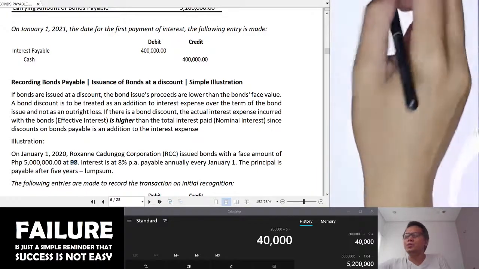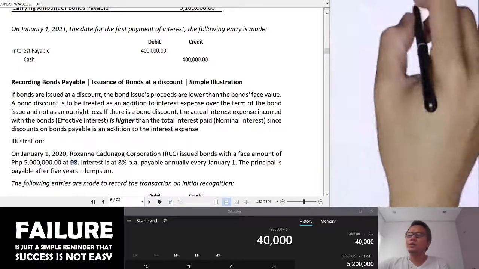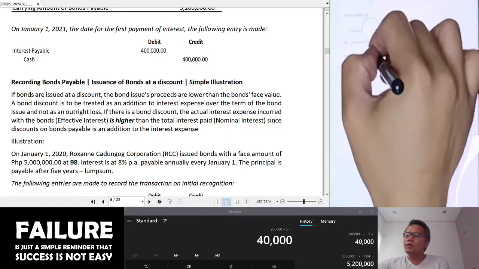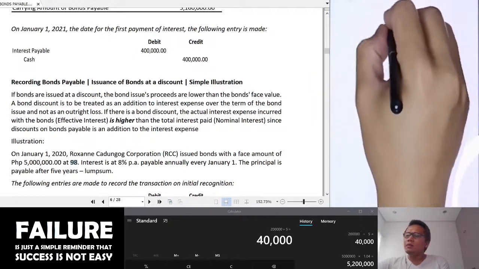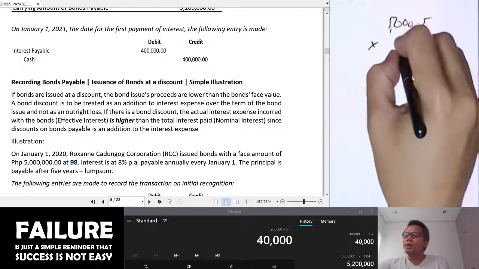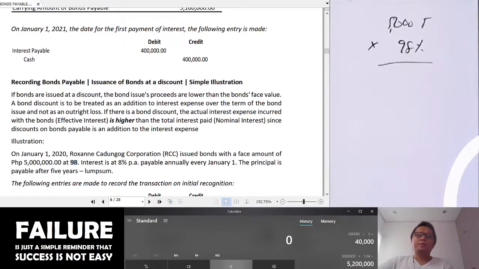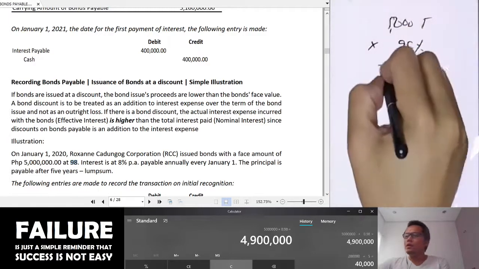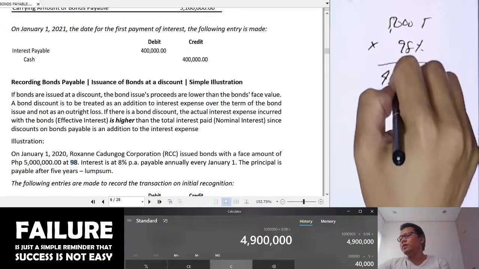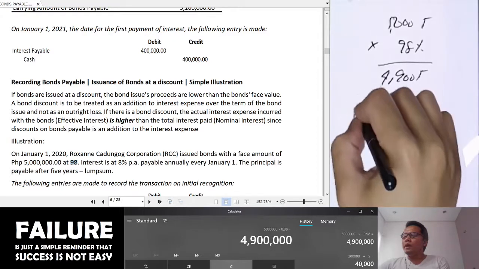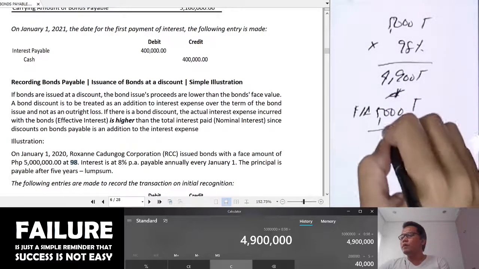To compute for our issue price, the face amount of 5 million multiplied by 98%. So the issue price in this case is 5 million times 0.98, which is 4,900,000. We have a face amount of 5 million, so we have a discount of 100,000.